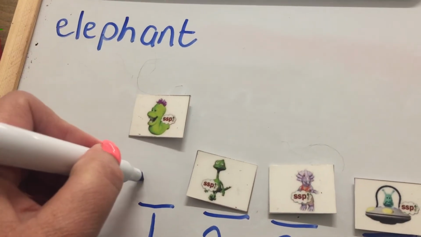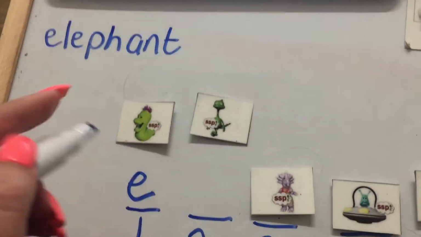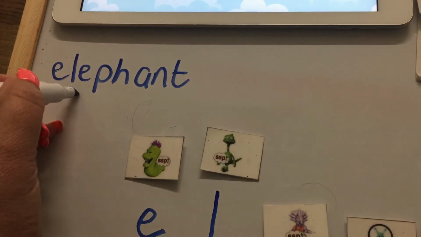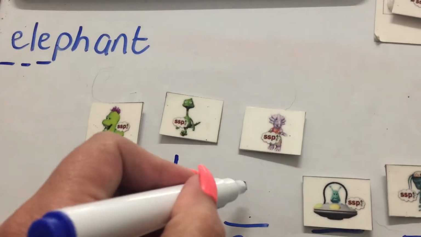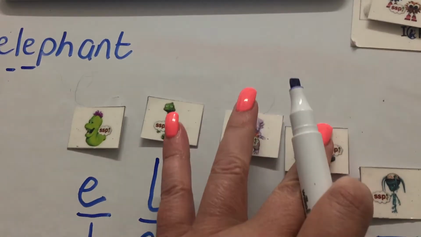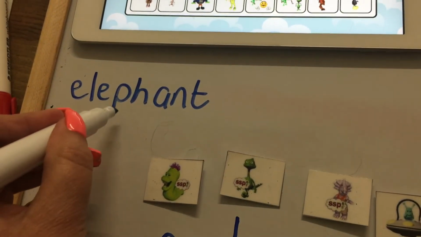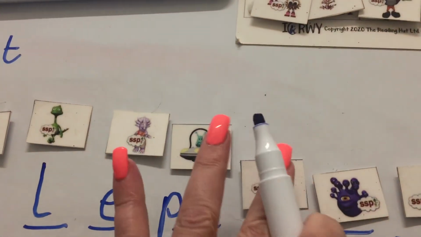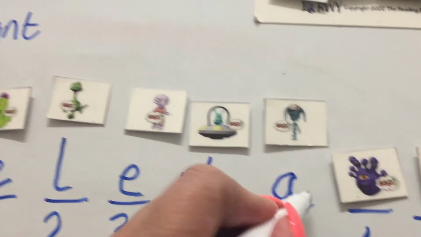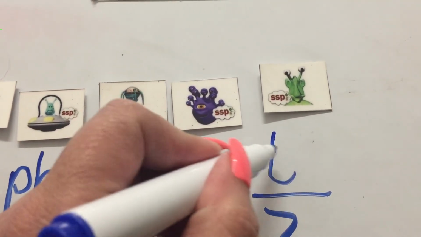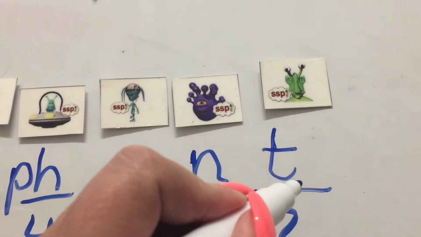That's the picture for E, the E. That's the picture for O, the L. That's the picture for the I, the E. That's the picture for the F. That's the picture for the schwa. That's the picture for the N. And that's the picture for the sound T, for the speech sound monster T.